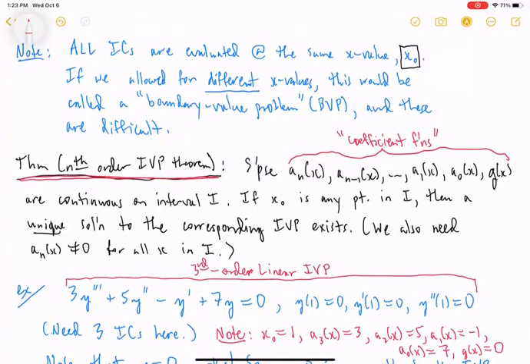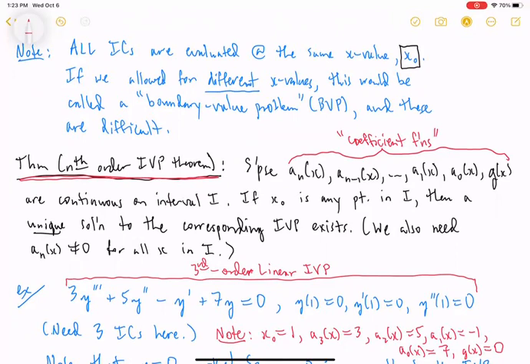So what's true about all of those coefficient functions? Look at those functions. Those things are all really pretty trivial. They're all constants for crying out loud. Where are those all continuous? Everywhere.